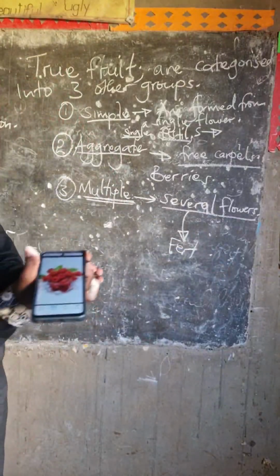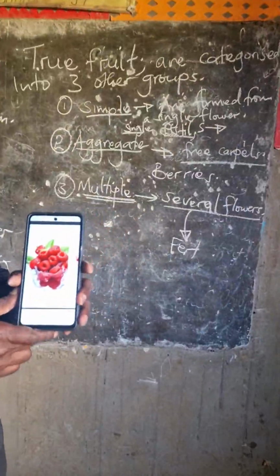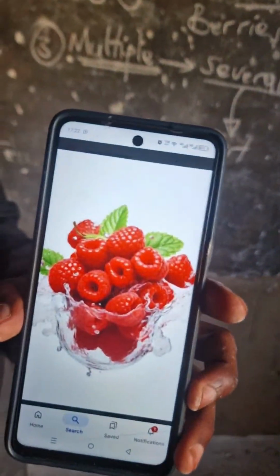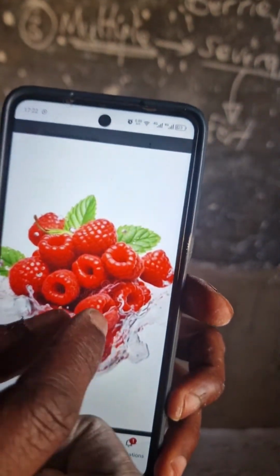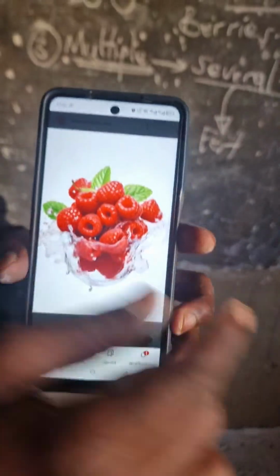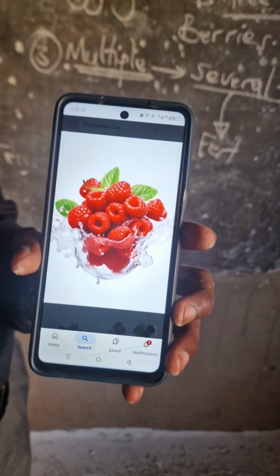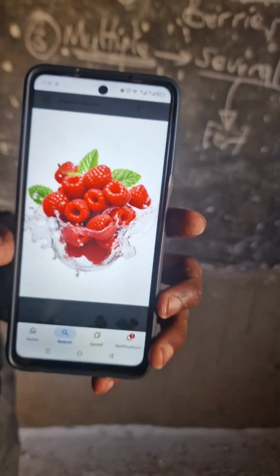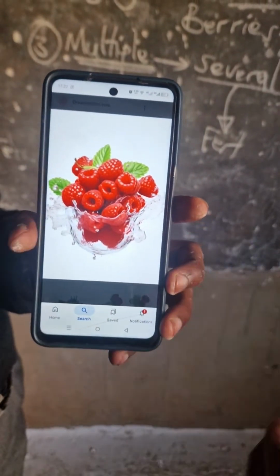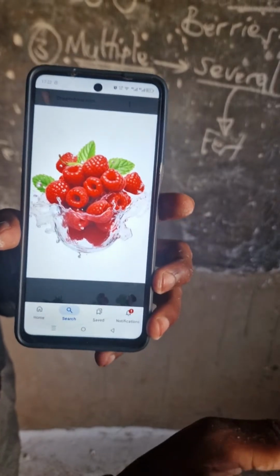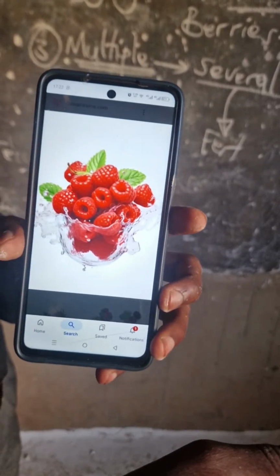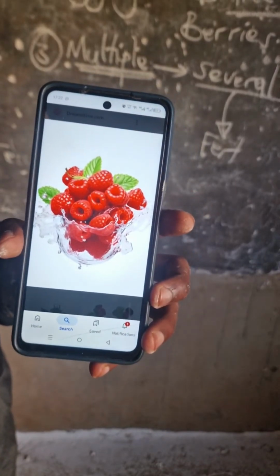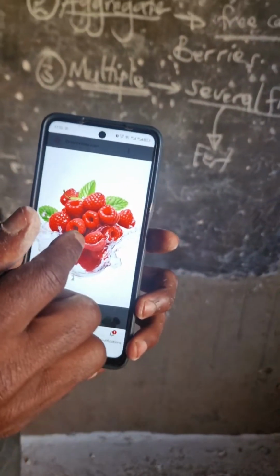So this is a good example of an aggregate fruit. These are aggregate fruits, the berries. They are of several types, but they are good examples. They are formed from a single flower, but this flower having very many couples that are free.